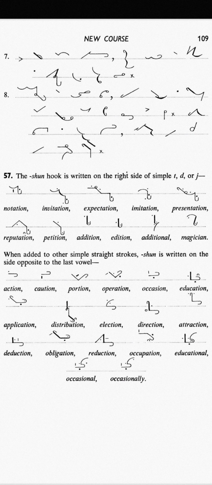Educational: we just made the outline of education, same outline, and what will be added? Upward L is used here. Light dot on the second place of D before it, U diphthong on the third place of K before it, heavy dot on the second place of K after it, light dot on the first place of upward L before it. Education is made; after that the sound A with L came, so that sound will be made before upward L. Clear? Next is occasional: we just made occasion, up to shun is done, and after that there is one vowel sound and one stroke sound, that is L. Upward L is used here. Same outline, only light dot on the first place of upward L before it.